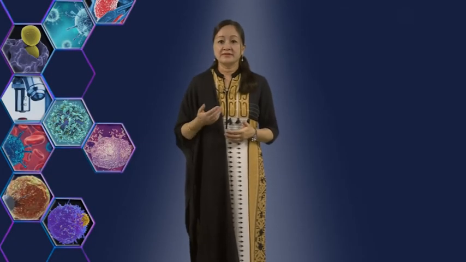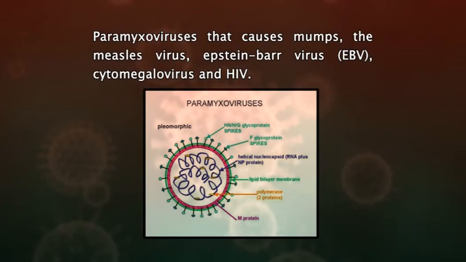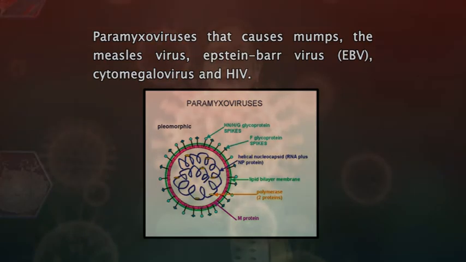Another mechanism of evading the immune response is by causing generalized immunosuppression in the host. Among such viruses are the paramyxoviruses that cause mumps, the measles virus, Epstein-Barr virus, cytomegalovirus and HIV. Some viruses cause immunosuppression by directly affecting the host immune cells, like the lymphocytes or the macrophages, and thus destroying them by cytolytic mechanism or by altering their functions.